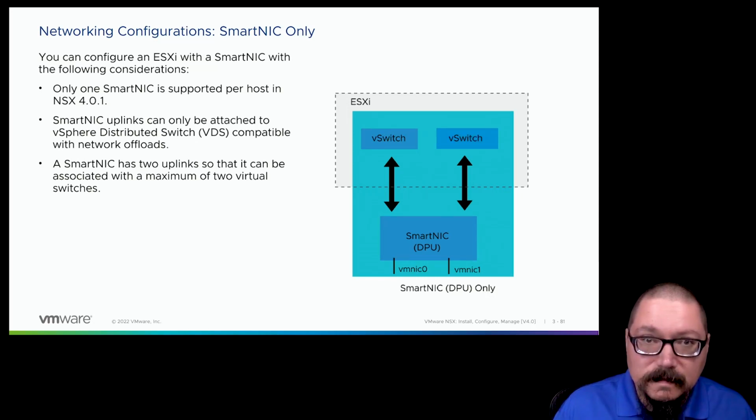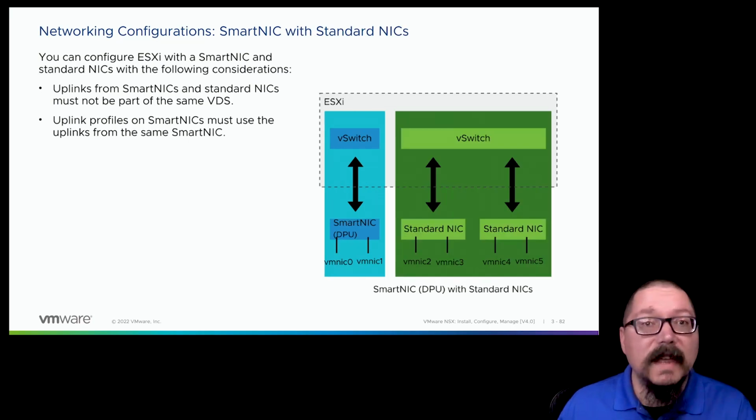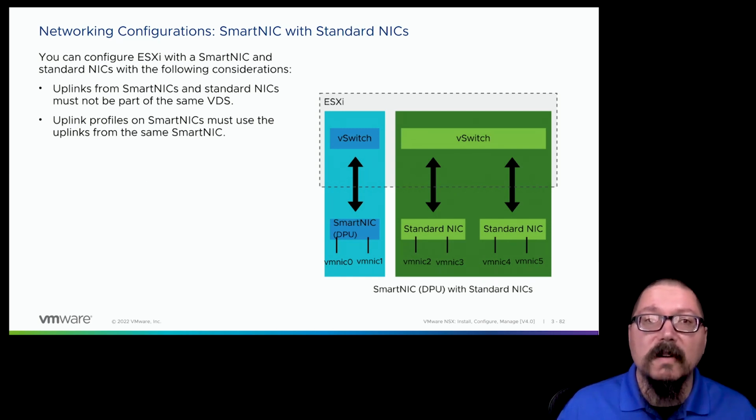But since I can only have one SmartNIC, and today there are only SmartNICs with two ports, that means I only get two SmartNIC uplinks per hypervisor. So I can put everything on a SmartNIC back virtual switch, or if I have existing network adapters that I'd like to use, I can use multiple virtual switches and put my SmartNIC uplinks on one virtual switch.